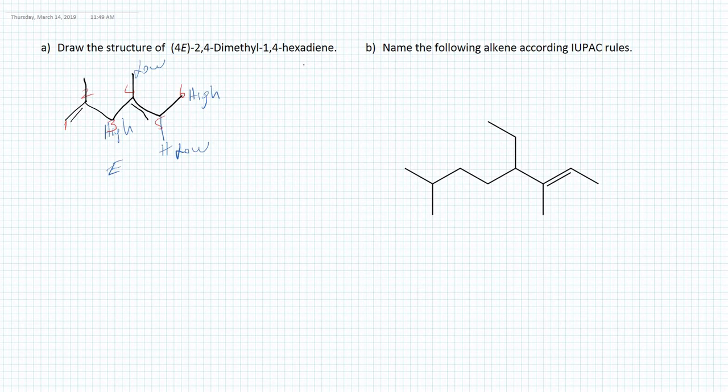Let's move to the second part of the question. In the second part it asks us to name the following alkene according to IUPAC rules. So what are the IUPAC rules? Let's remember, according to IUPAC we have to find the longest chain for the alkene, and then we have to start numbering from the end nearer to the double bond, and we have to include the double bond in our longest chain.